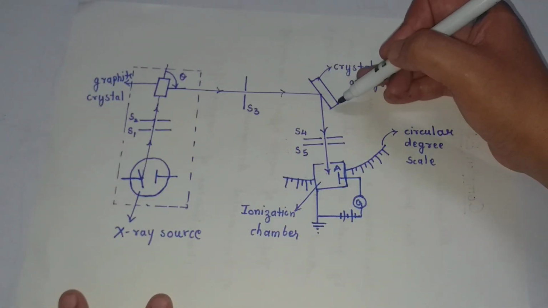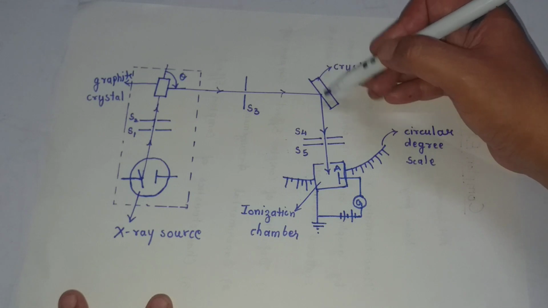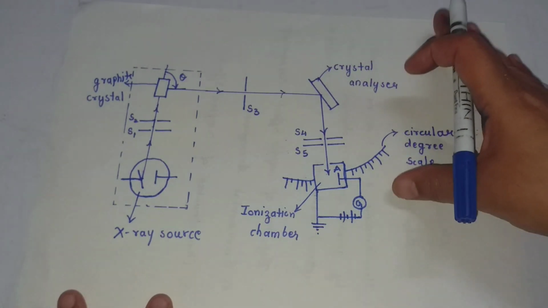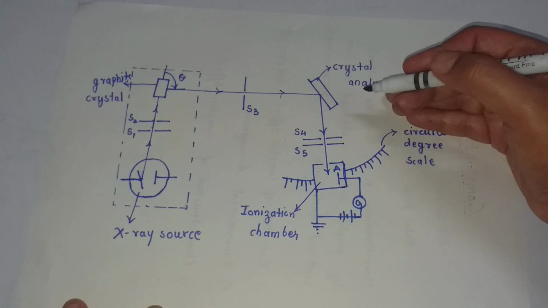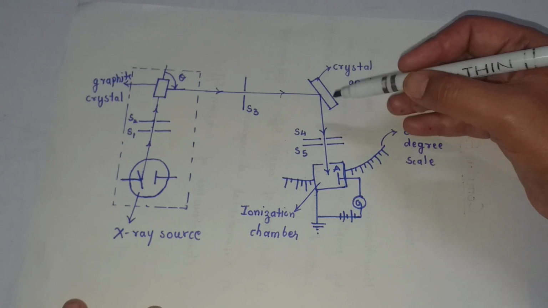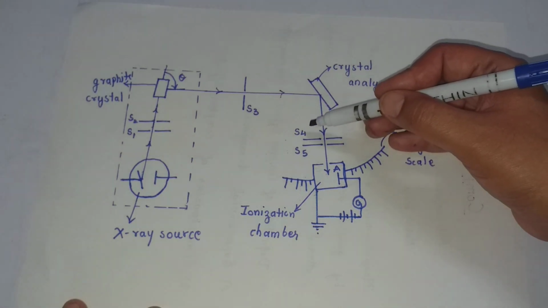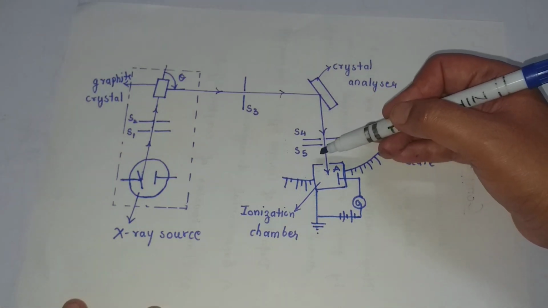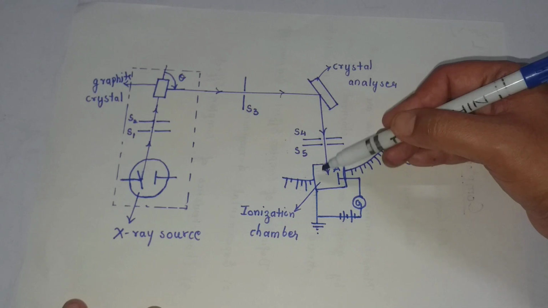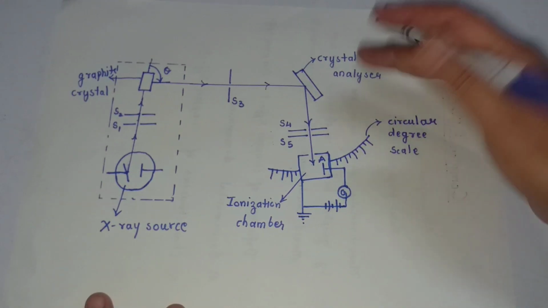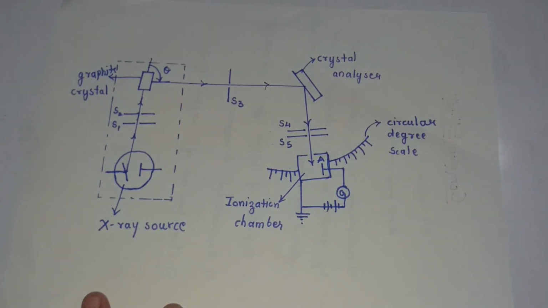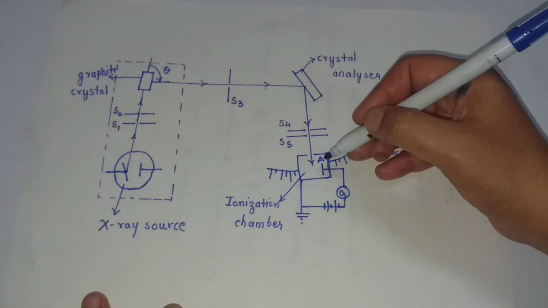The crystal analyzer reflects this X-ray beam and disperses it into its component wavelengths. Then these reflected beams are allowed to pass through slits S4 and S5 and then enter the ionization chamber. The ionization chamber has got gas atoms.